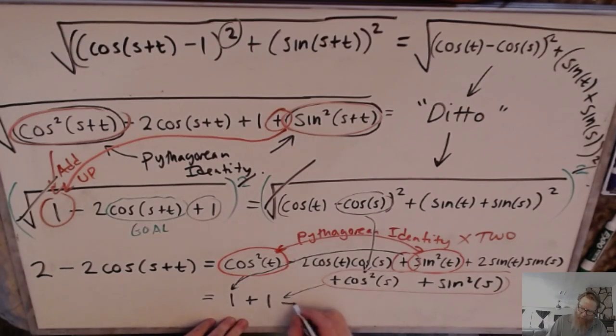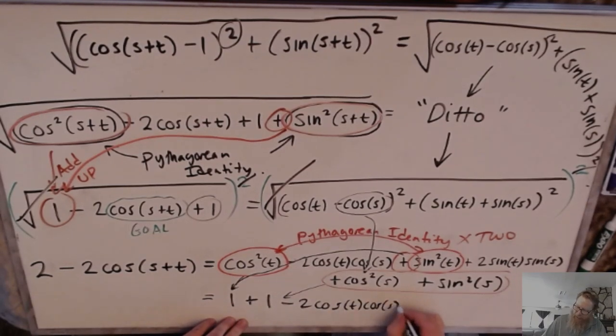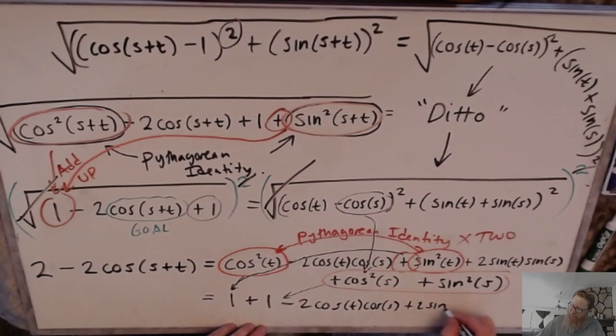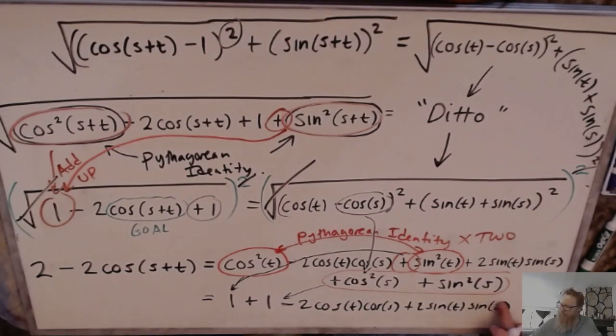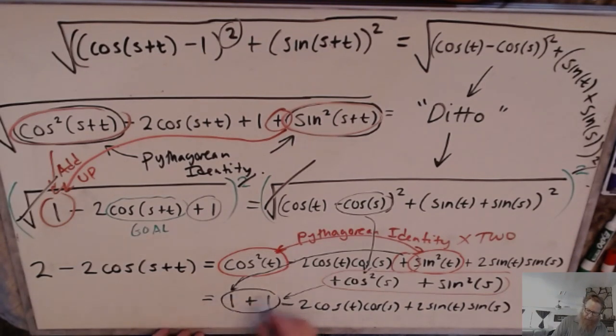And then we have minus 2 cosine t cosine s plus 2 sine t sine s. All right, hopefully you're not too lost. You could probably guess I'm going to combine those together to make that 2.